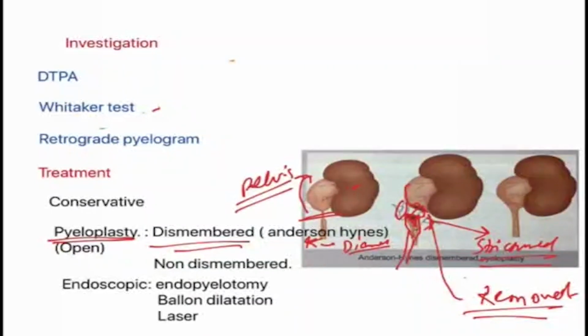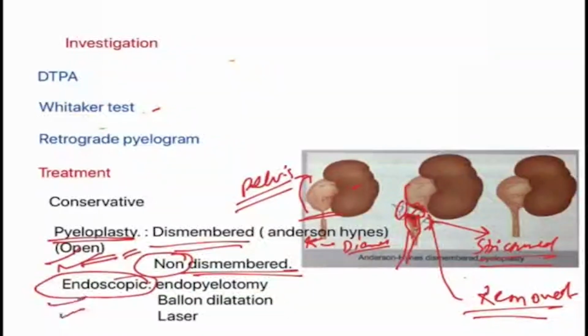This is called dismembered pyeloplasty, when this segment is removed. When this segment is not removed, it is called non-dismembered pyeloplasty.